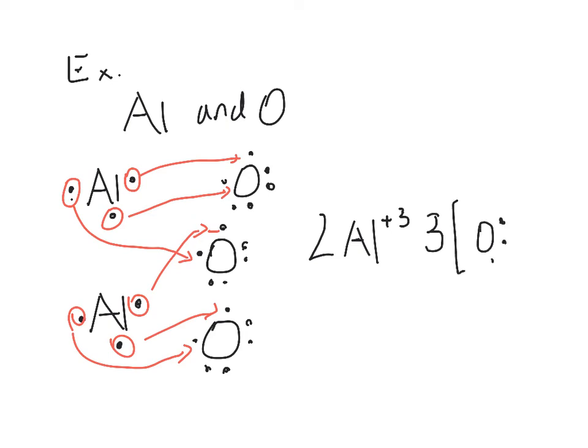So I'm going to draw my Lewis structure with the 8 dots, and I'm going to give it a -2 charge because each one had to gain 2 electrons. And when I write the formula for that, I'm going to get Al2O3.